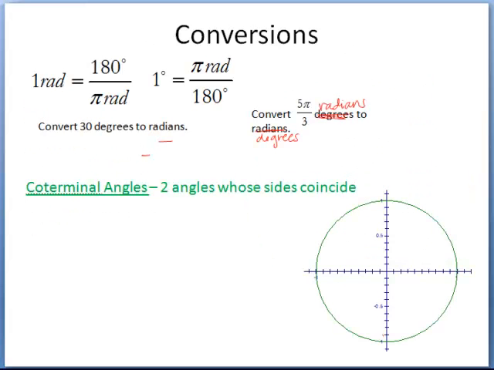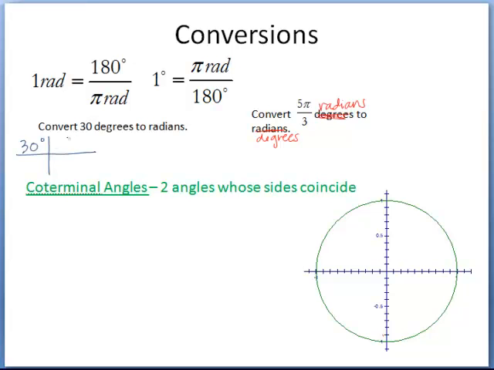Okay, then moving on to the next slide, we have conversions, which hopefully looks familiar from last class. We're going to do just a quick review of that. If you wanted to convert 30 degrees to radians, remember, to convert degrees to radians, we use our 180 over pi, or pi over 180 ratio.